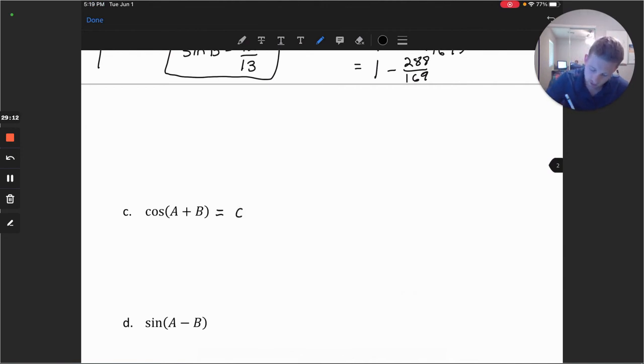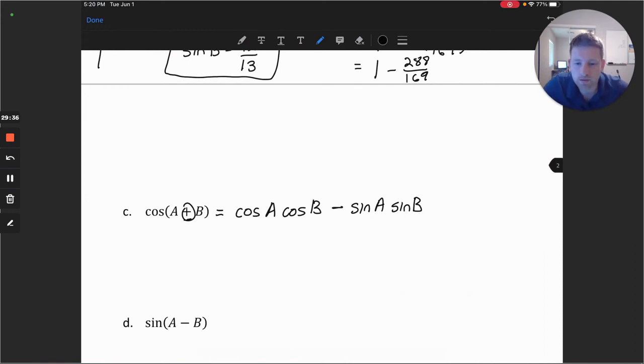So that's cosine of A, cosine of B. And since this is a plus sign, we'll put in a minus sign in between. So it's the opposite sign: sine A, sine B. So that's our cosine sum of A plus B.